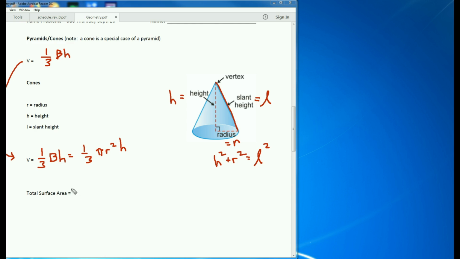Now the thing that maybe we haven't talked about so much in the past is the surface area of a cone. So the total surface area is this: pi r times the quantity r plus the square root of h squared plus r squared.